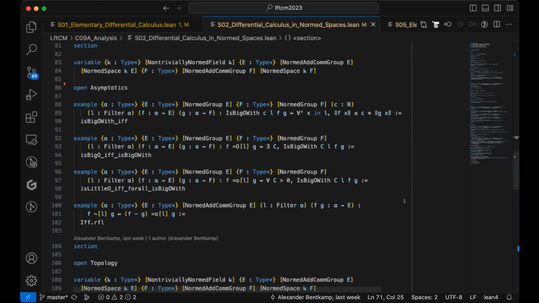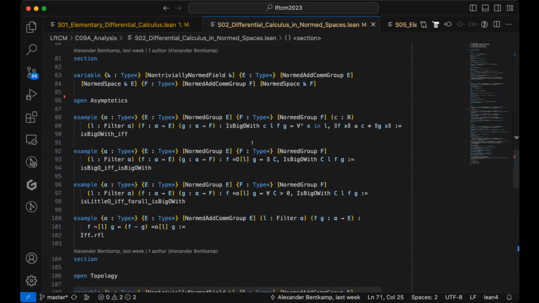Again, I think it's worth just outlining that the shape of them is what you would expect. So first we define asymptotic notation. We do this with respect to filters. So we can talk about, look here, for example, what it means for f and g to be big O, or f to be big O of g.